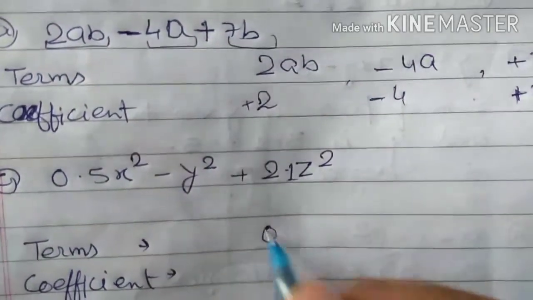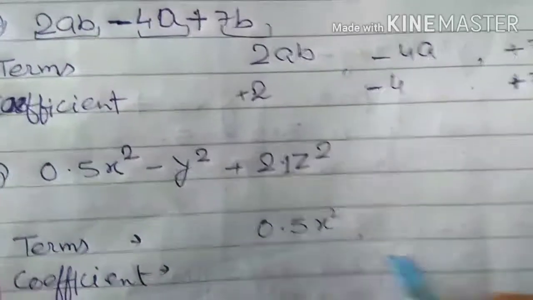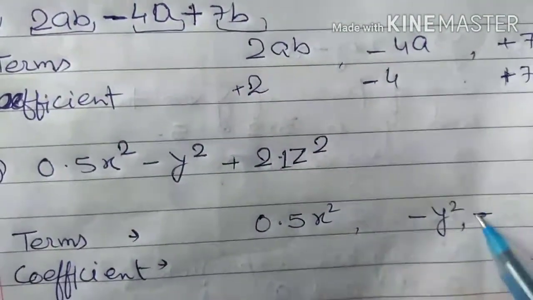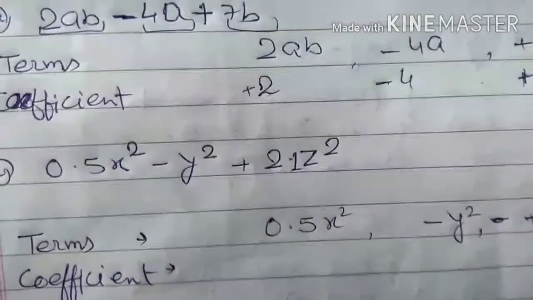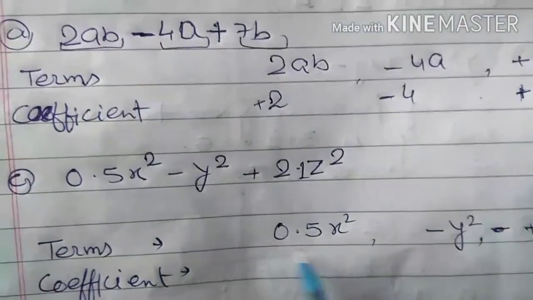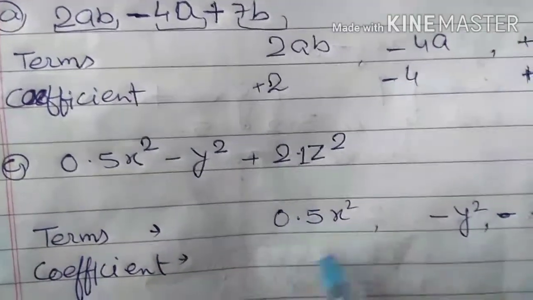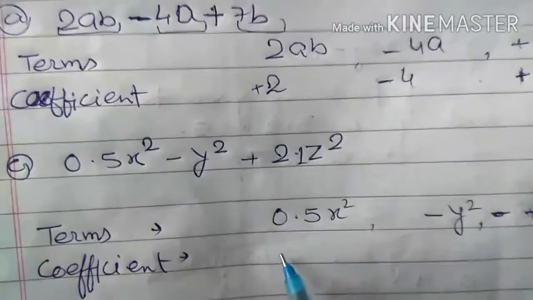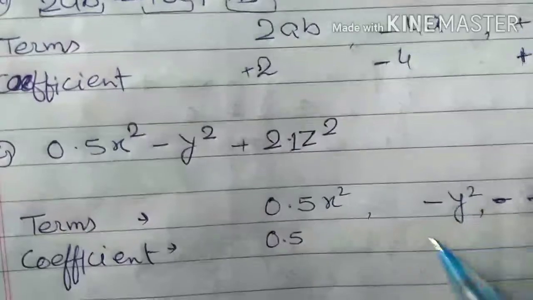So separately we can write the terms as 0.5x square, another one minus y square, and the final one is plus 21 z square. There are only 3 terms. And look here, the coefficient is the numeric factor of any variable, with sign. So 0.5 is the coefficient of this one.